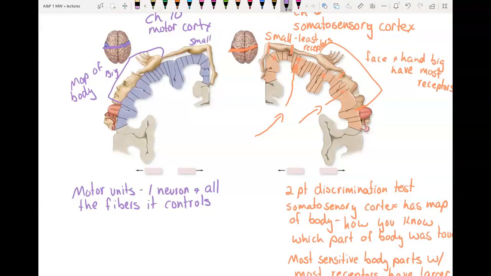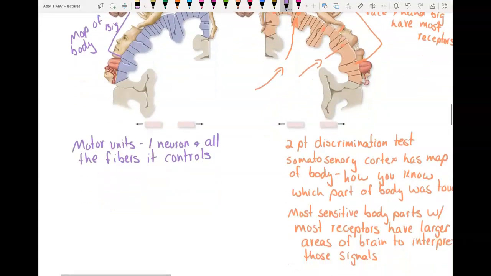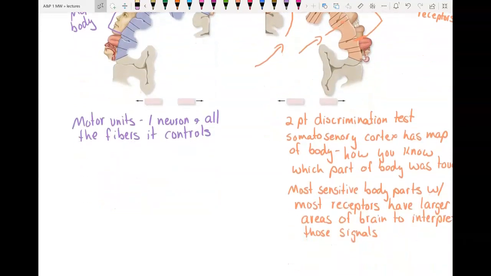Well, this time the sizes relate to the size of the motor units. So your hand, remember we talked about fine motor skills? Fine motor skills have small motor units.